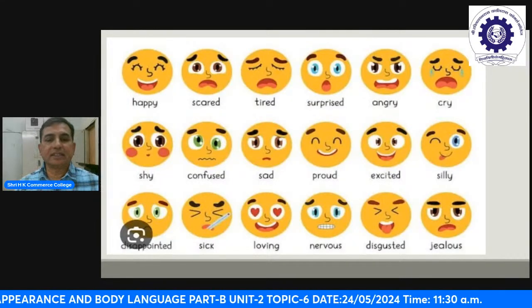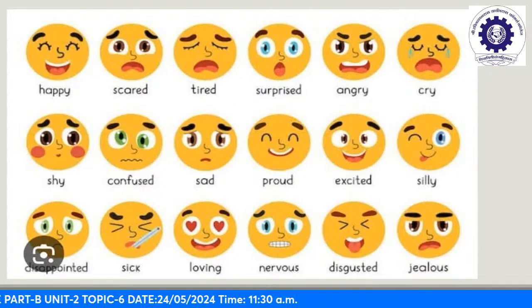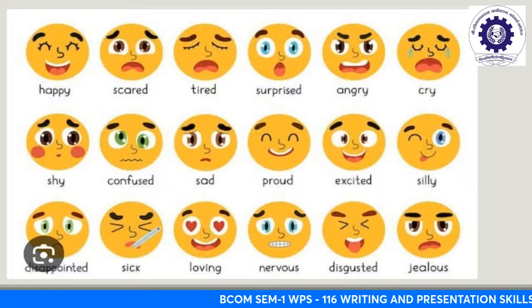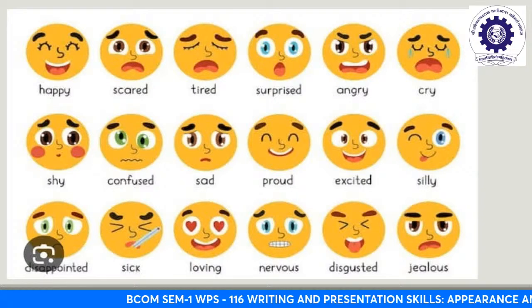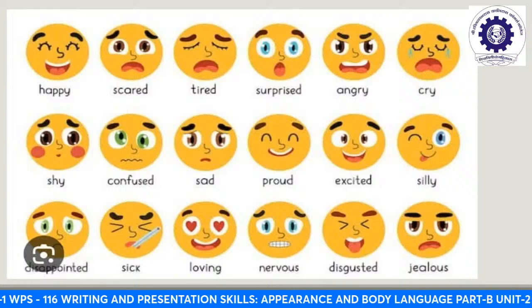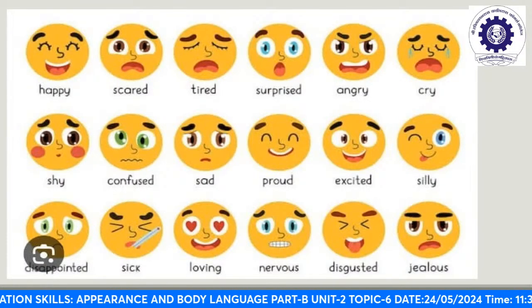You can see on this PPT, we have plenty of expressions. These are non-verbal communication. These are face expressions. One is happy face. These are emojis you can utilize in WhatsApp too. One is scared. Third one is tired. Fourth one is surprised. One is angry. One is crying. One is feeling shy.